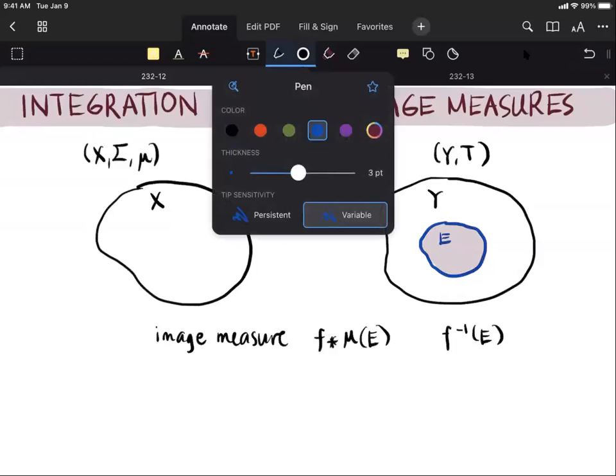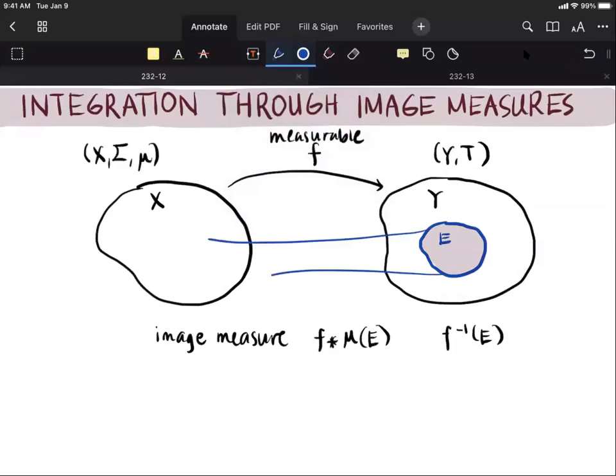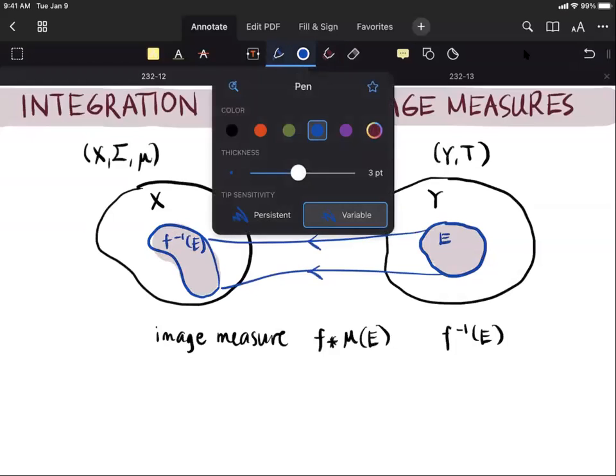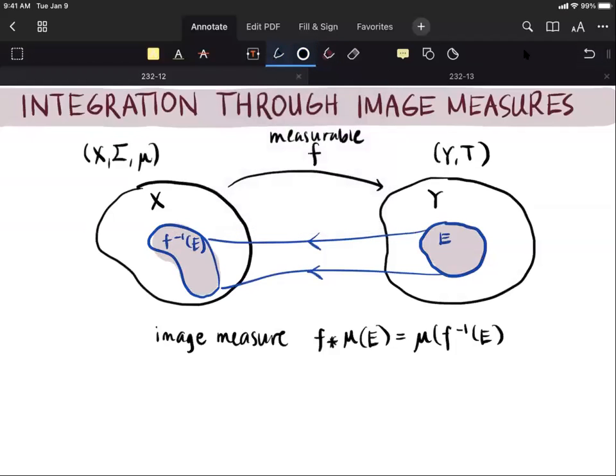This inverse image now lives in the domain X. And if this is a subset of X, it is meaningful to take the measure of this set. The measurability of f guarantees that this is in sigma, provided that E is a measurable subset of Y. In other words, E is in tau.